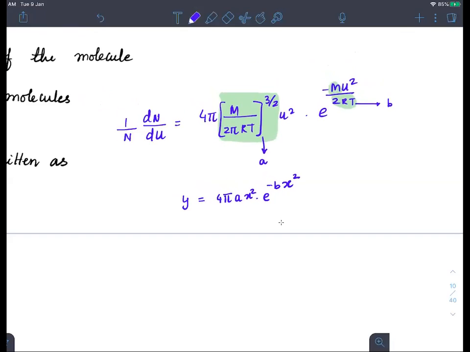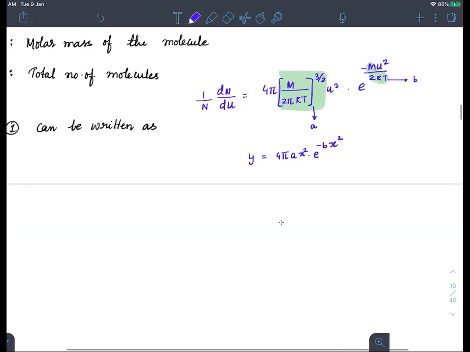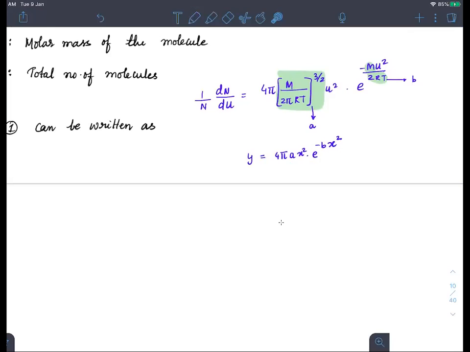So y is some constant into x square multiplied by e raised to the power of some constant into x square. One is the exponentially decreasing function, the other one being a parabolic function.